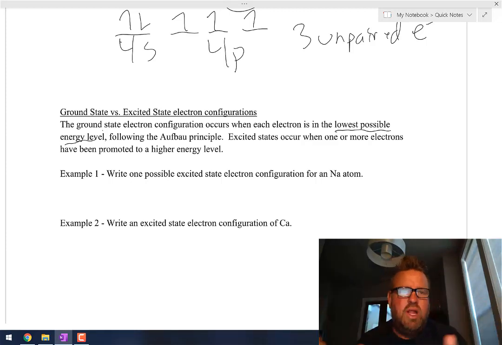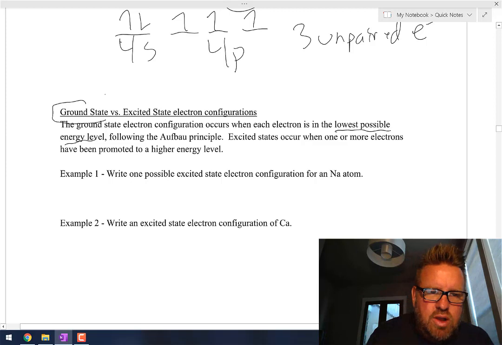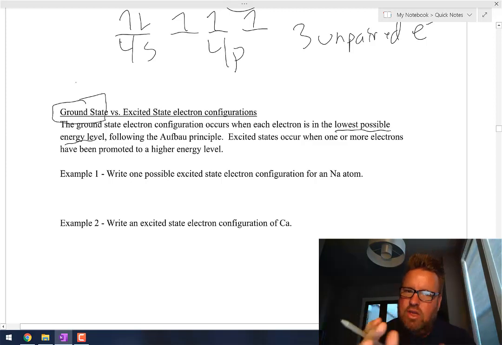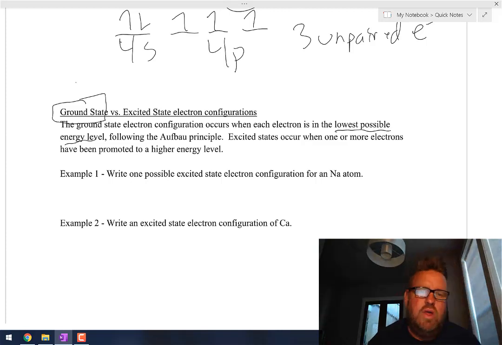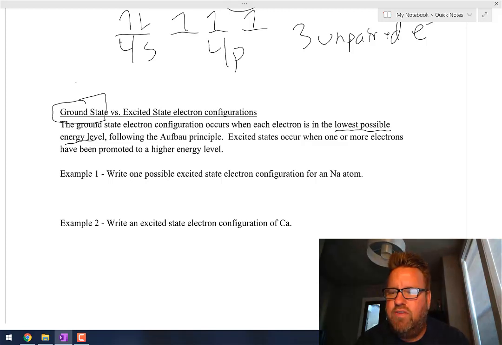A normal electron configuration is what we call a ground state, and they use that term on the AP test. So when you get a ground state electron configuration, it's just a normal electron configuration, nothing special or different about that.